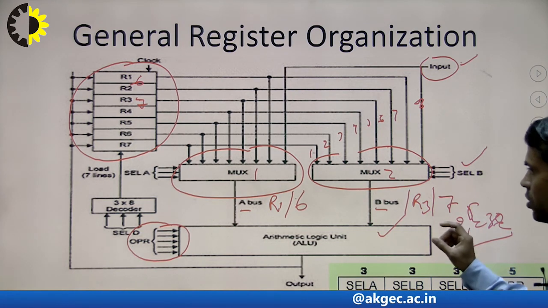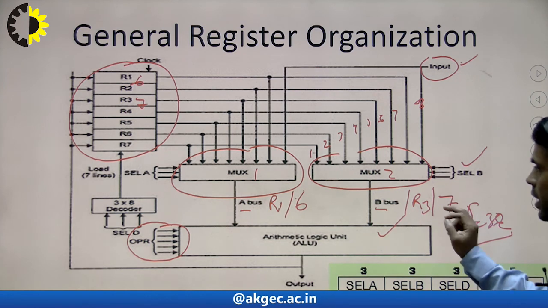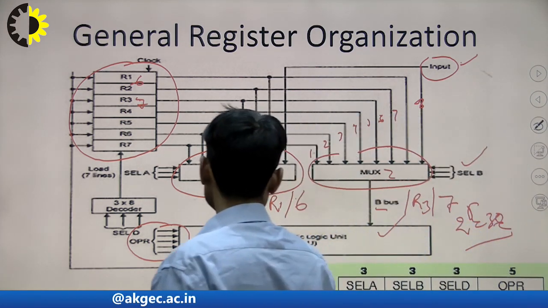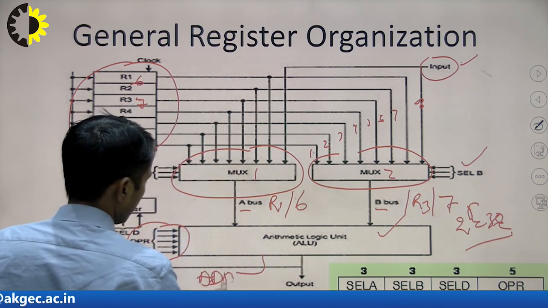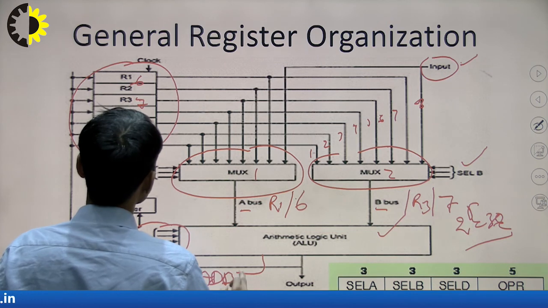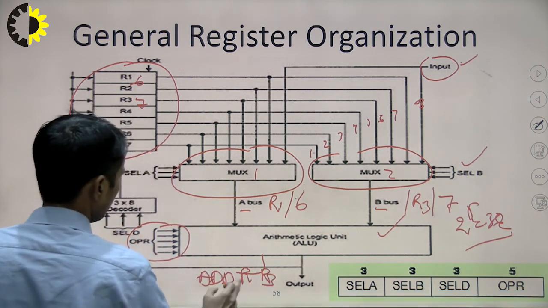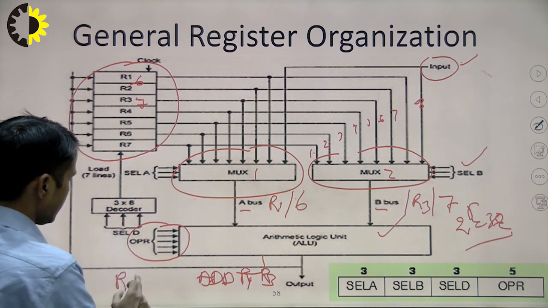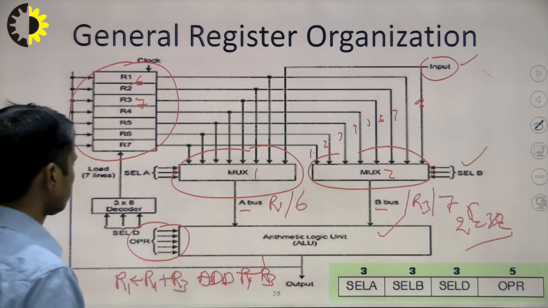Depending upon the operation selected, it will perform the operation on the content of register R1 and the content of register R3, that is 6 and 7, and generate some output. Say, for example, the add operation is selected: ADD R1, R3. The content of register R1 is added with the content of register R3, and the result is stored back into register R1.